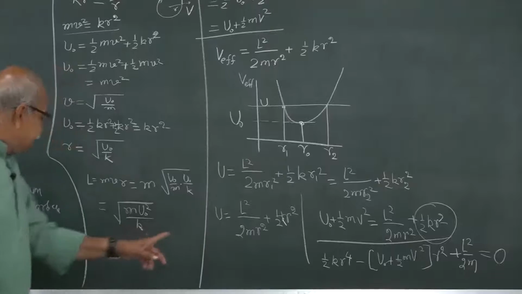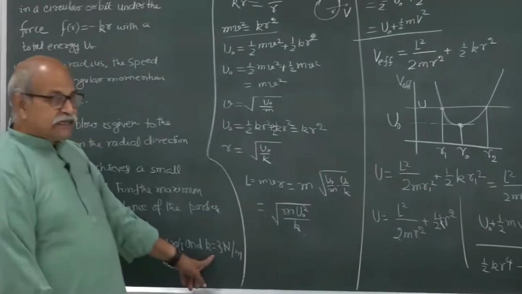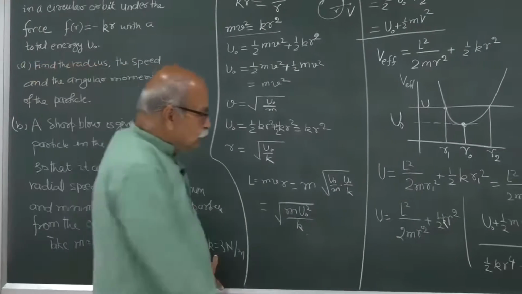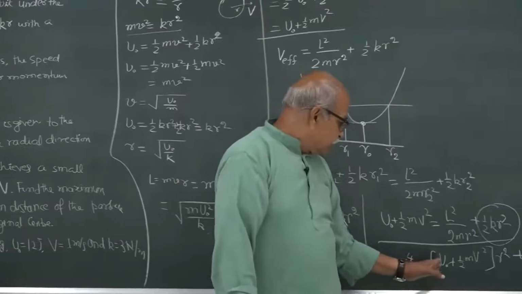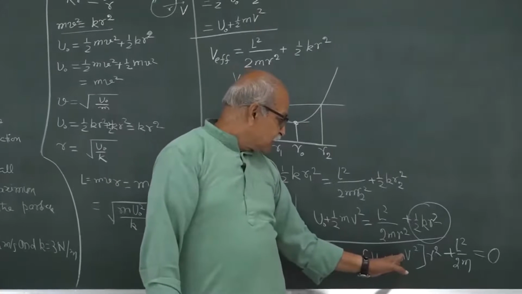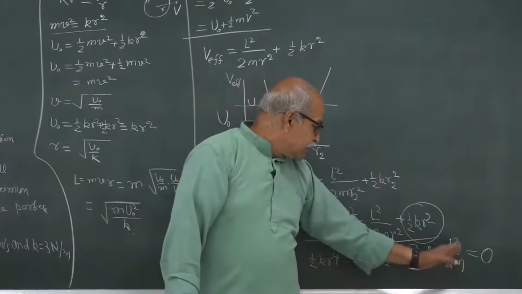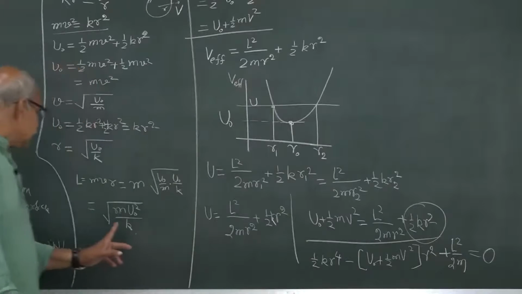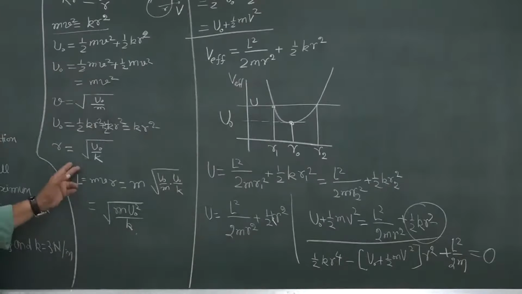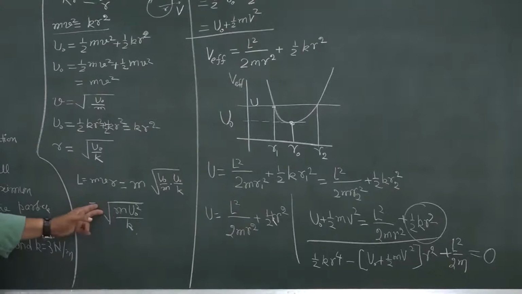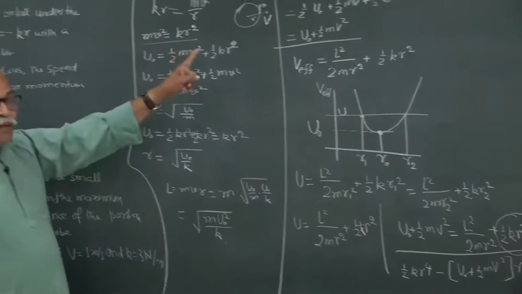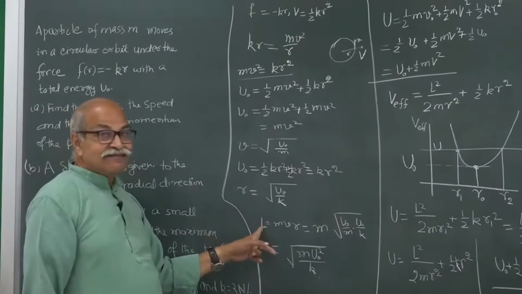So, everything is there. k is 3 in SI units, u naught is 12 joules, mass is 2 kg, and L square you have already calculated. Here is L square, that is also known. And remember, in the radial blow L has not changed.